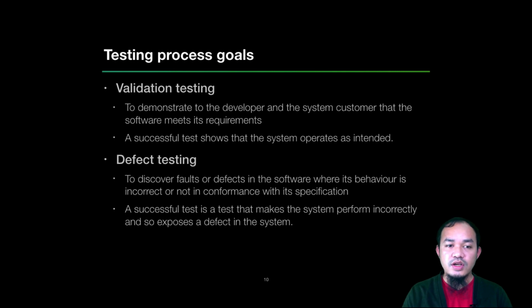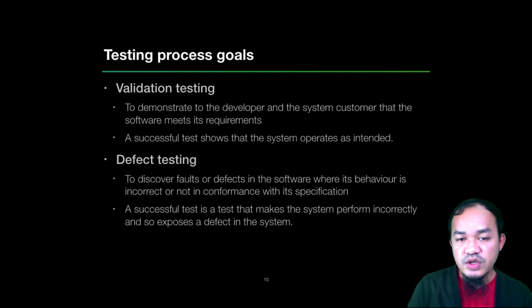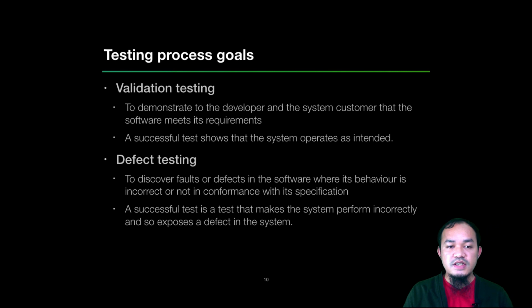This is validation testing. Defect testing is to discover faults or defects in the software where its behavior is incorrect or not in conformance with its specification. The main point of defect testing is that we try to discover abnormal things in the software. This we call defect testing.